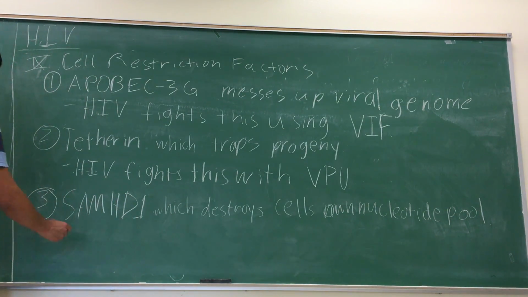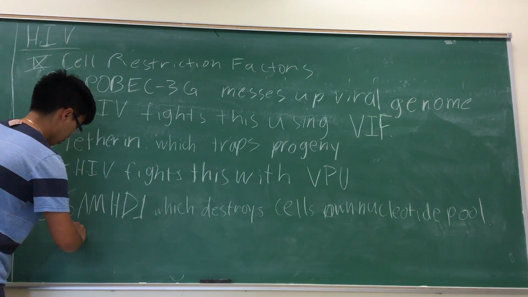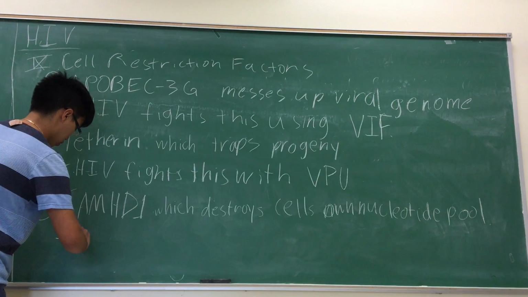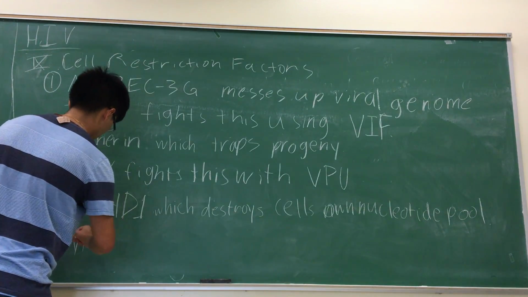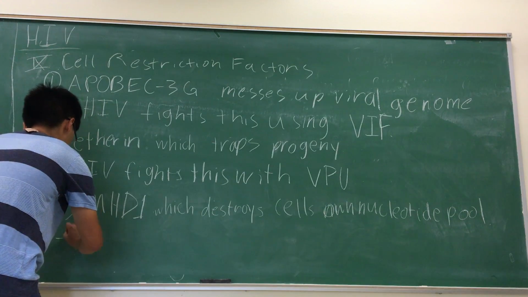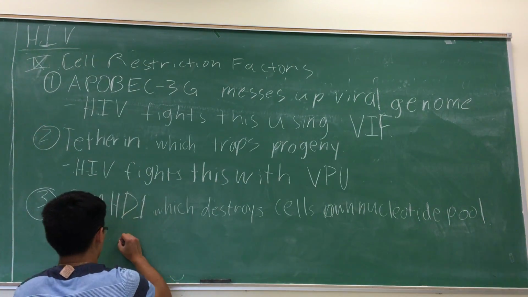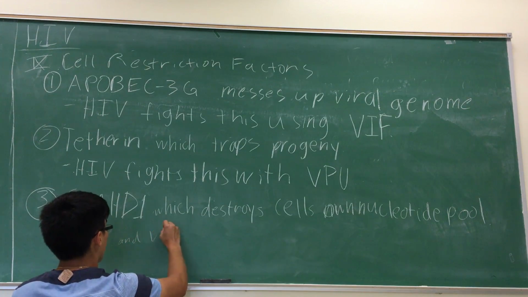So this SAMHD1, if you deplete your own pool of nucleotides, what does the HIV have to use to make its own genome? It doesn't have anything. So it fights this by, let's say VPR, or start with the more important one. Fights this by using integrase and, in smaller part, VPR.